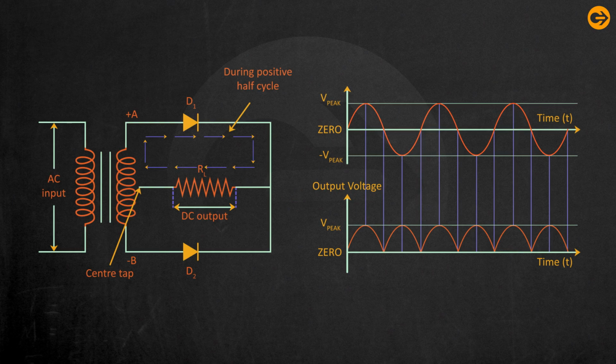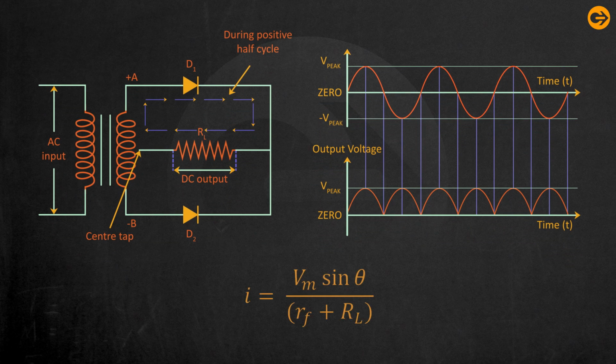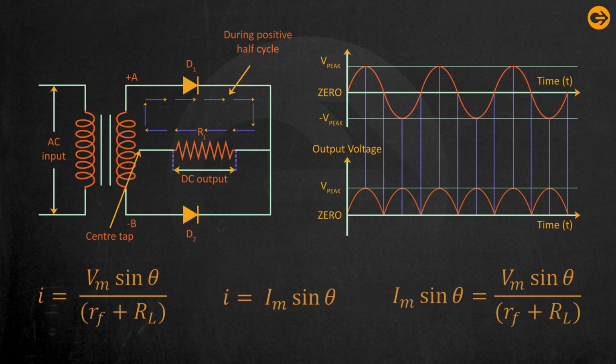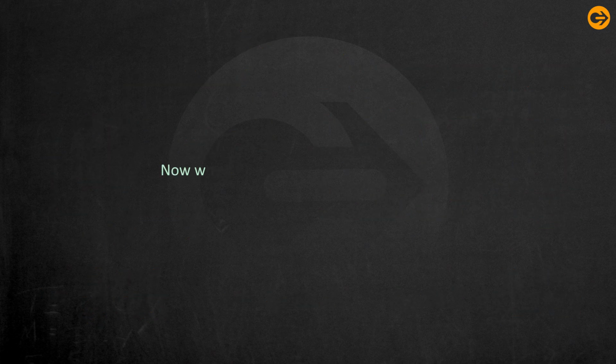We also know that I is equal to Im sin theta, so Im sin theta is equal to Vm sin theta by (Rf plus RL). Now when sin theta is equal to 1, the current is maximum. In this case, we can rewrite the equation as Im is equal to Vm by (Rf plus RL).